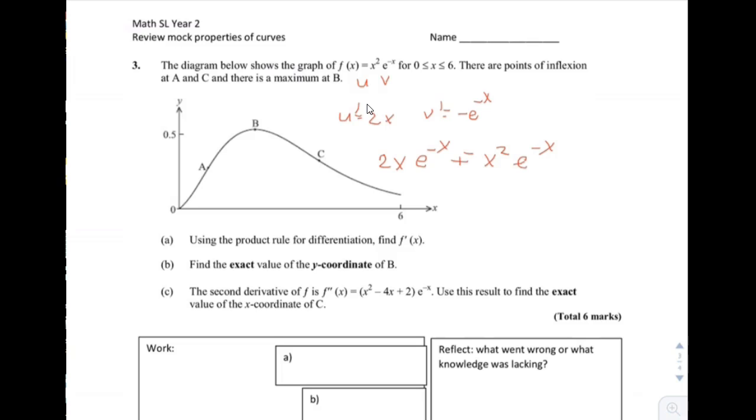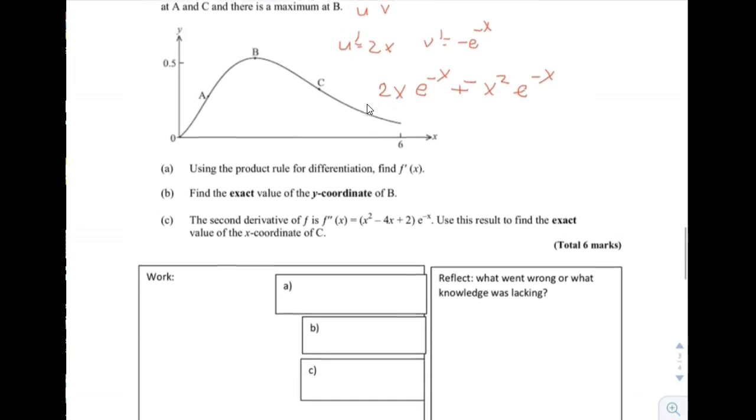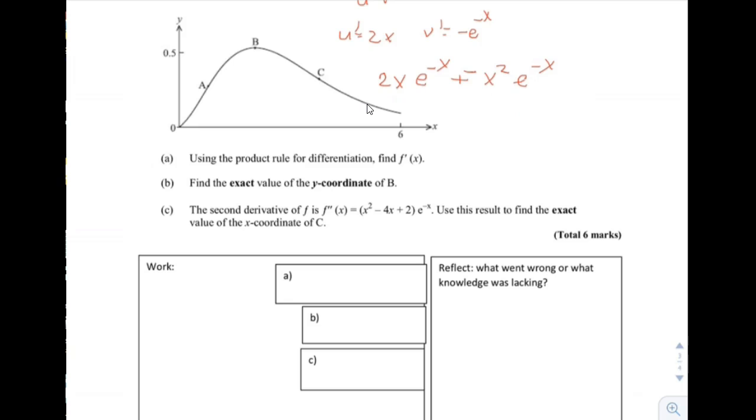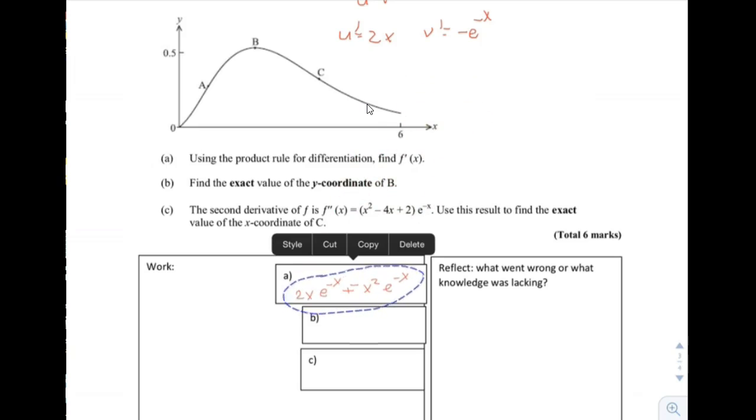Okay. And then we can put this in the answer box here. Okay. So we did the product rule and found f dashed.